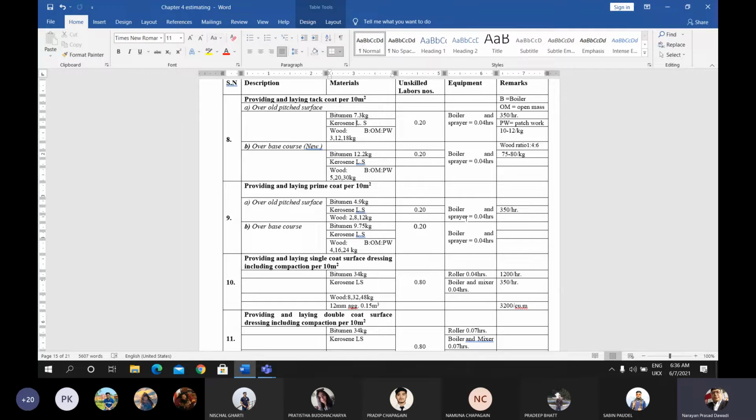Generally, the prime coat is applied on the previous day over the old pitch surface or over the base course, which is ready for providing the surface course over it. After one day, only then is the tack coat provided over that prime coat, and the laying of the surface material is carried out.